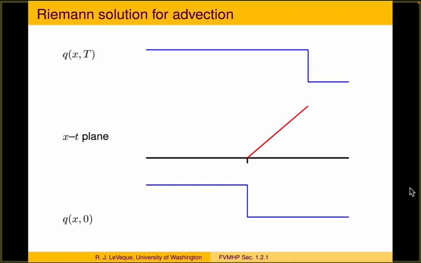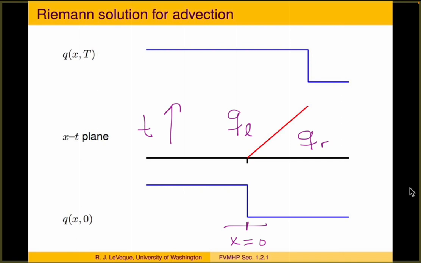But in the simplest case of advection, if we start with initial data down here at the bottom, that's just a simple jump discontinuity starting at x equals 0. Then as time evolves, in the xt plane, we'll have this sort of structure where the single discontinuity is simply propagating with speed u, and everywhere to the left of that in the xt plane, the solution is equal to ql. Everywhere to the right of that, it's equal to qr.